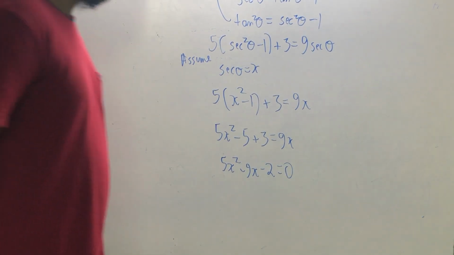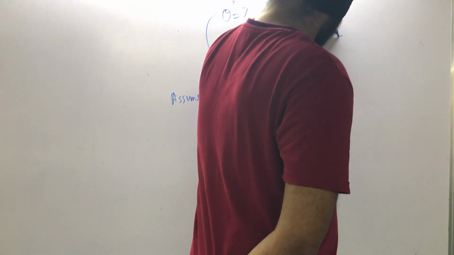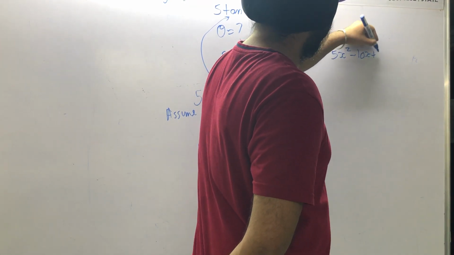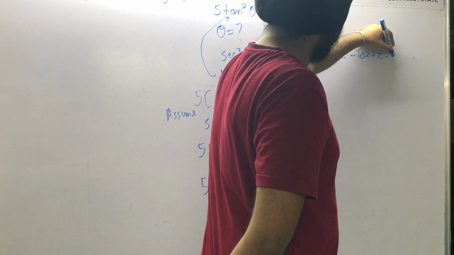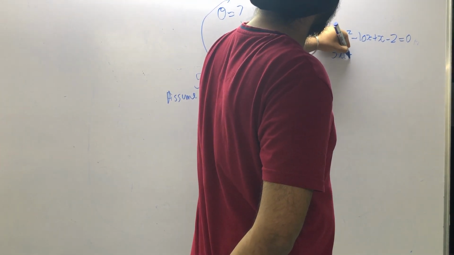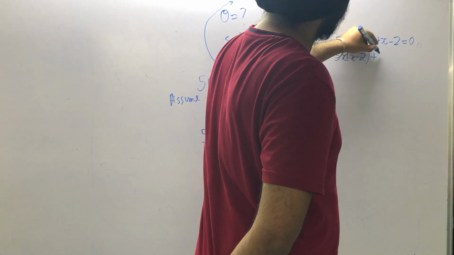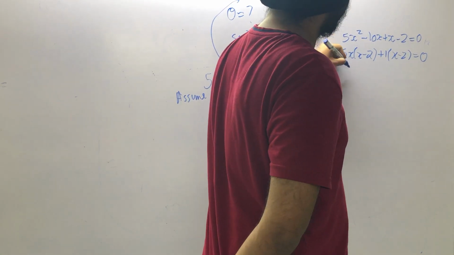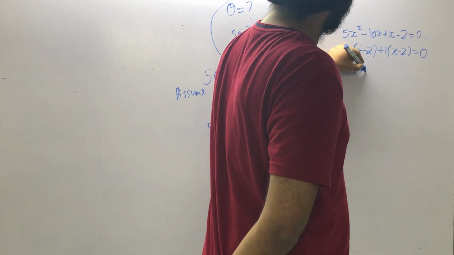You all know how to solve. So this becomes 5x square minus 10x plus x minus 2 is equal to 0. So 5x into x minus 2 plus 1 into x minus 2. So x minus 2 into 5x plus 1.